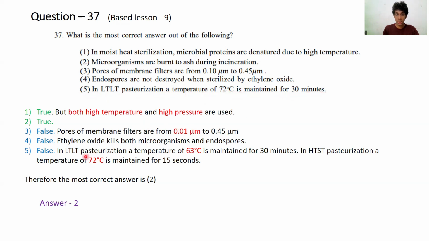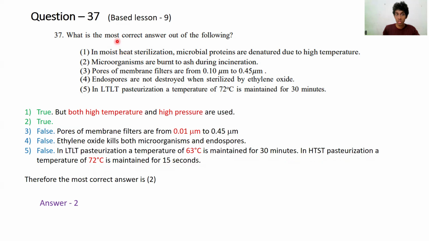That's false. In LT-LT pasteurization, temperature of 63 degrees Celsius is maintained for 30 minutes. But in HTST, that means high temperature, short time pasteurization, a temperature of 72 degrees Celsius is maintained for 15 seconds.